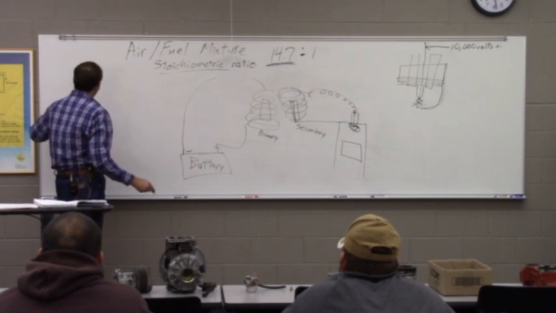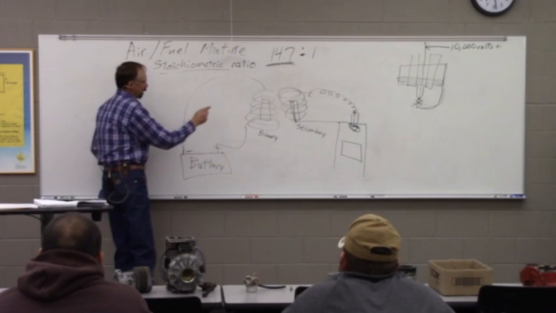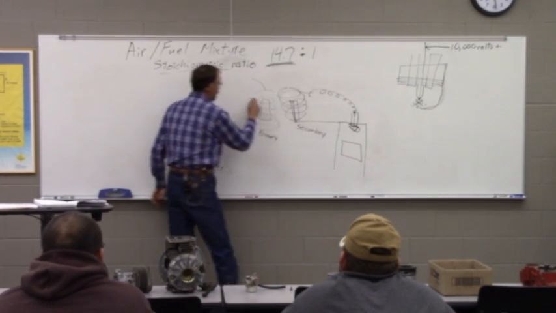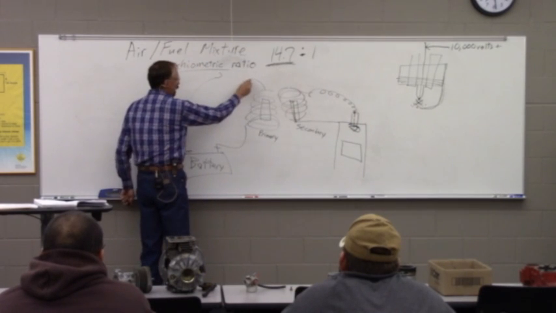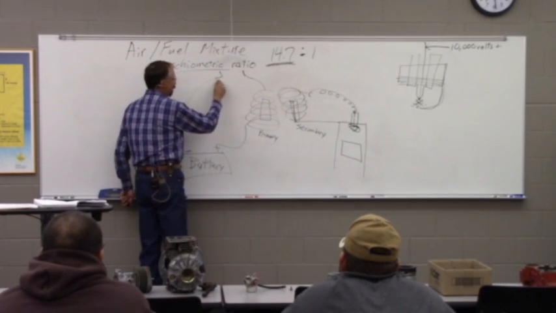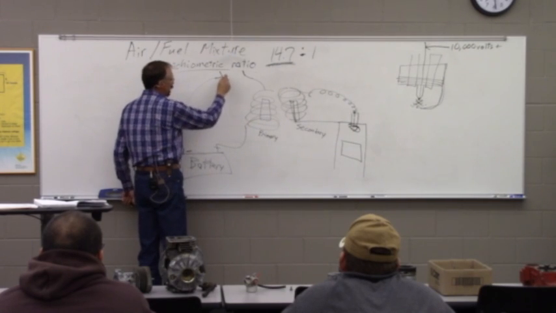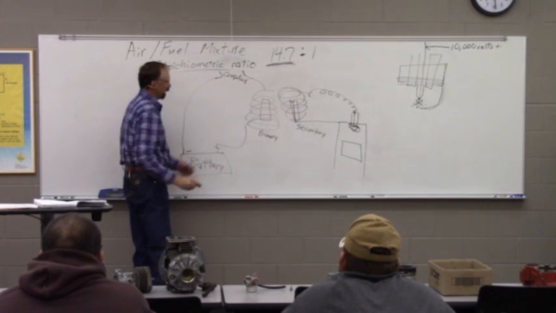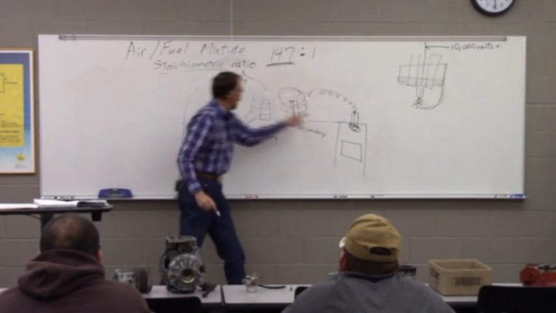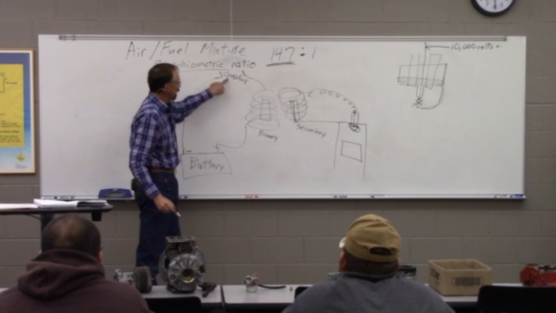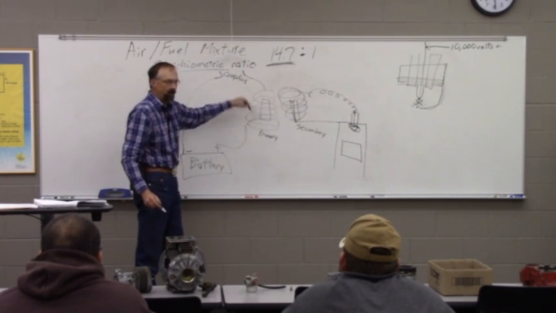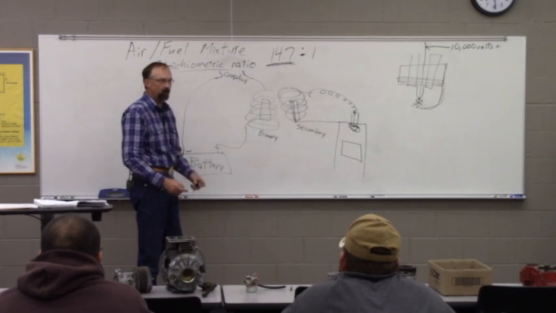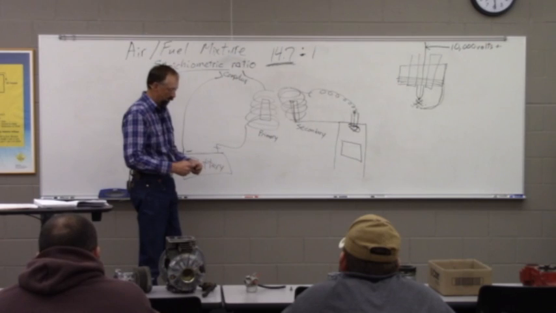And so every cylinder has its own coil, and we're connecting these wires right here from our primary winding in that coil to the computer. And so when it wants this cylinder to fire, it breaks the circuit to the primary winding in that coil on that cylinder. And so you don't have distributors, you don't have distributor caps and rotors anymore.